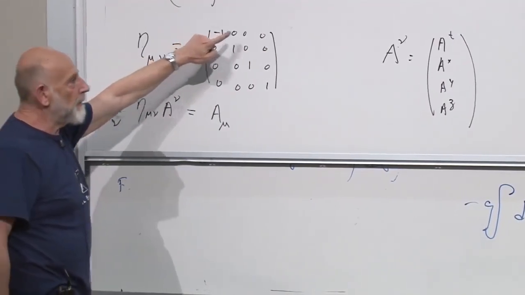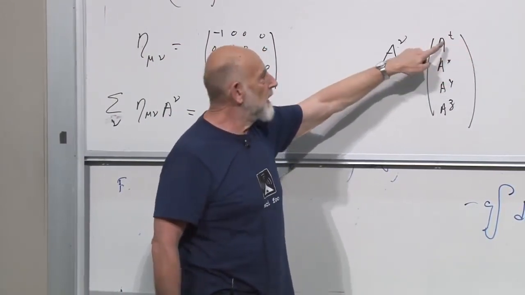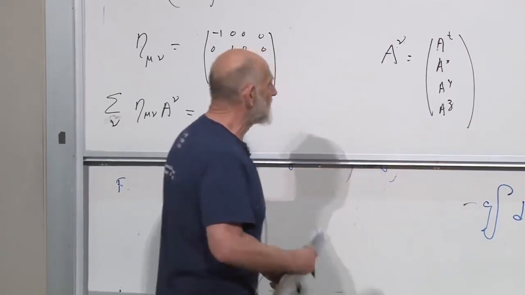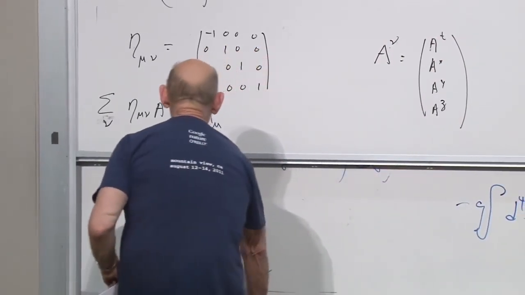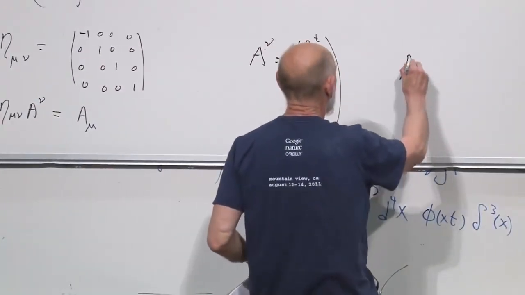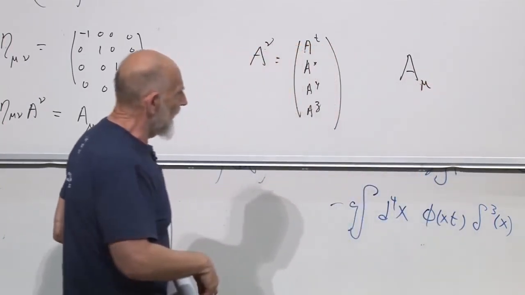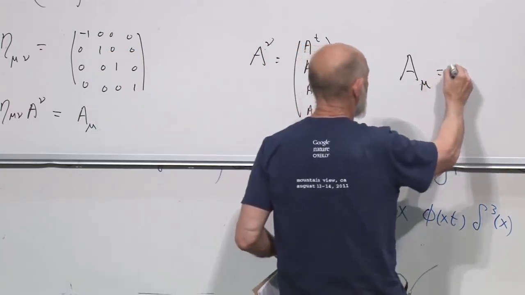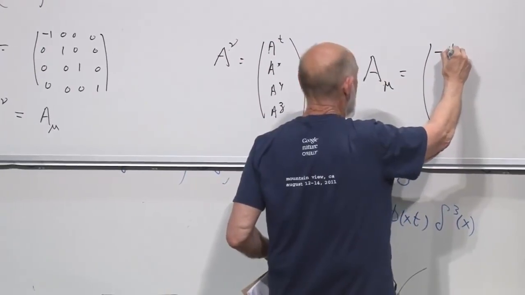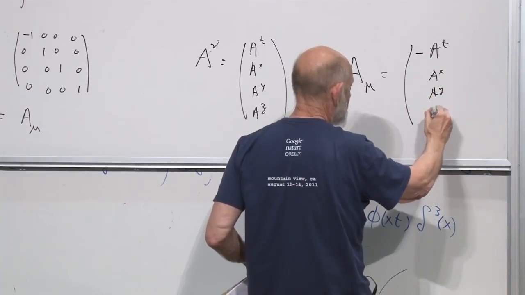The -1 here means that when you multiply eta by A, it changes the sign of the first term, and leaves everything else the same. And so we can write down immediately, without any further work, that A mu, or nu, it doesn't matter, represents the column, the vector, let's call it the vector, minus AT, AX, AY, AZ.